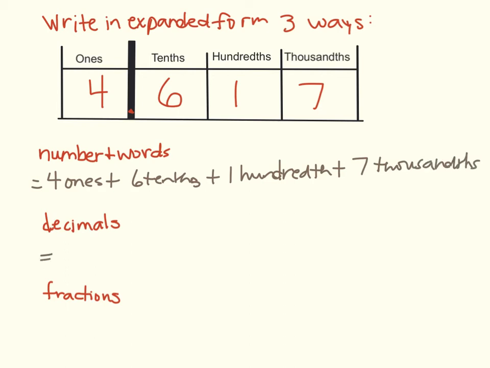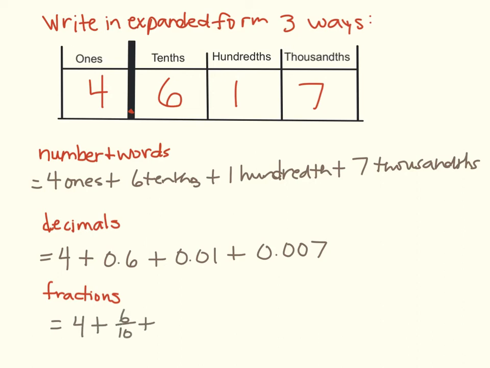As a decimal, it would be 4 plus 6 tenths plus 1 hundredth plus 7 thousandths. And as a fraction, it would be 4 plus 6 tenths plus 1 100th plus 7 1,000ths.